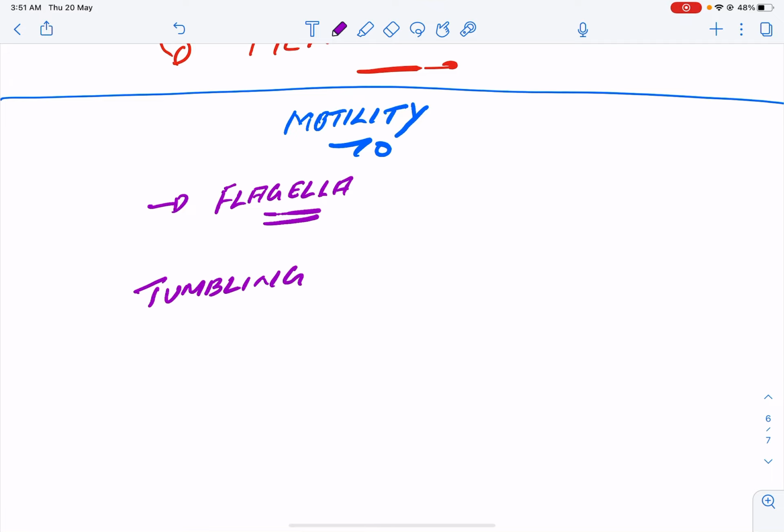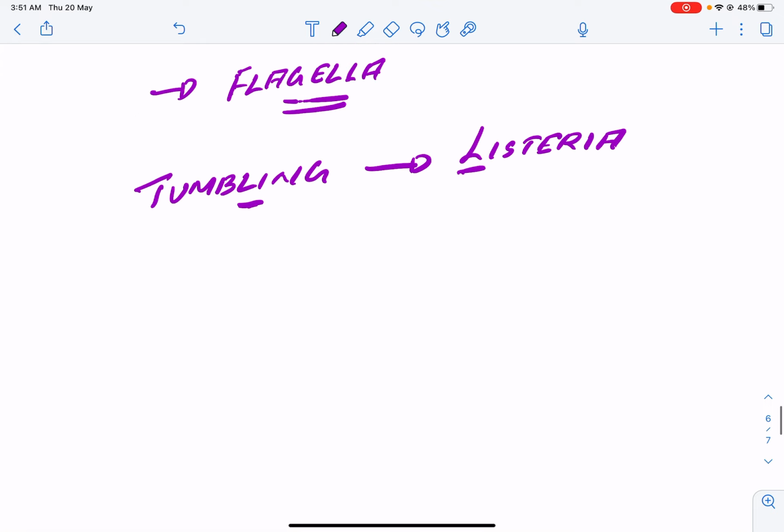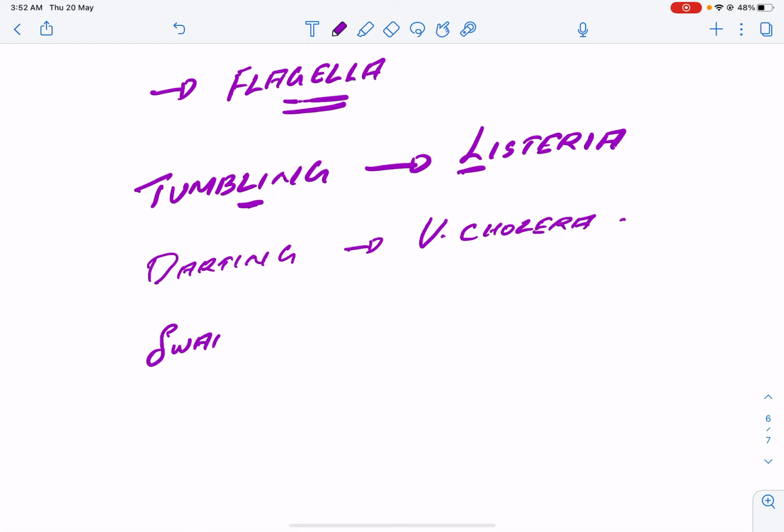Frequently asked question. Tumbling has an L, that is done by Listeria. Then darting. Who will dart? Vibrio cholerae. Darting movement. Then swarming. Who swarms? Proteus mirabilis. Proteus.